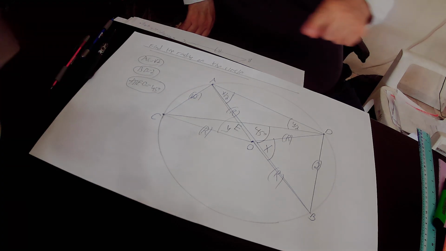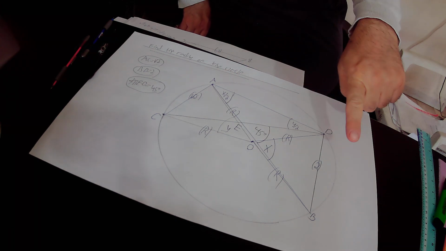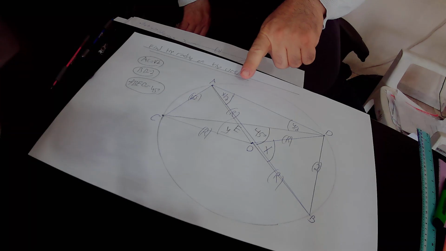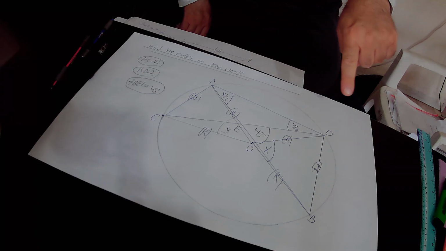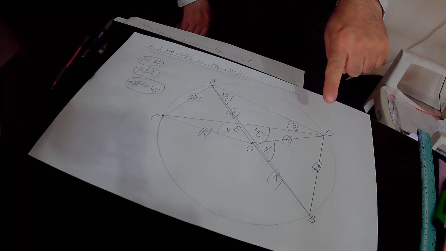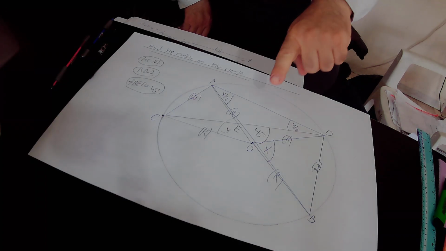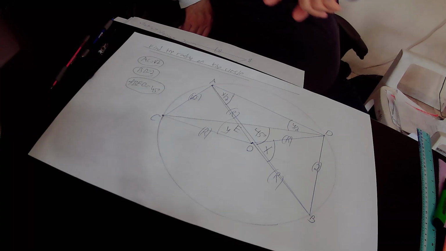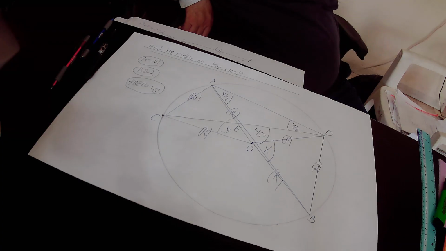By joining points A and D, we can get the peripheral angle DAB. This is peripheral angle DAB, and we define the size of this peripheral angle DAB as x over 2. We know that peripheral angle DAB subtends on chord DB. So from point O, that is the center of this circle, we join points O and B together by a straight line, and join points O and D together by a straight line.